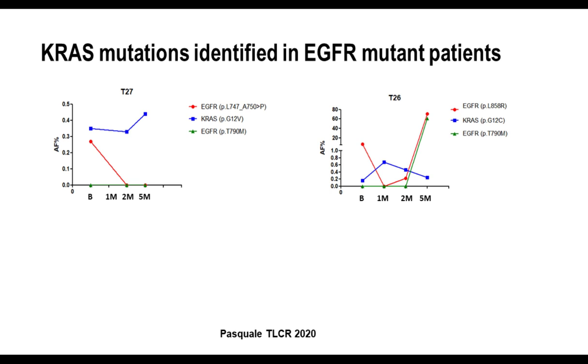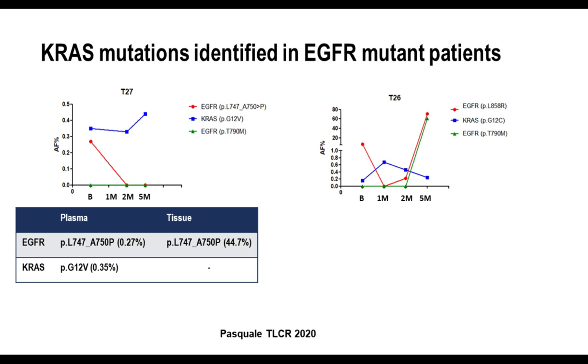We didn't actually have the peripheral blood cells available for these individuals. So what we did was to go back to the tumor tissue. We tested with NGS and also with digital PCR. We could not find any traces of the KRAS mutation.